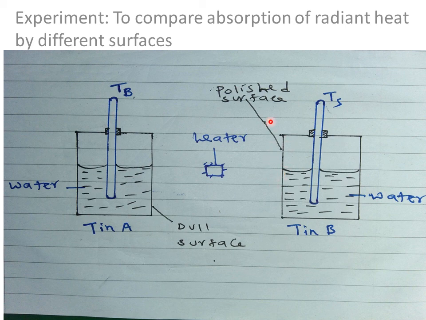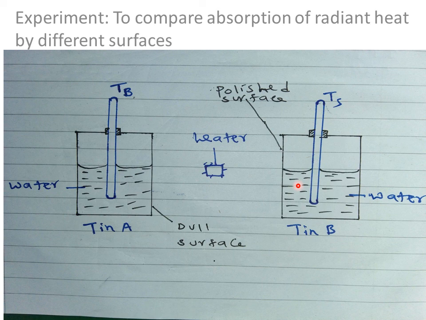Conversely, the polished surface is a poor absorber of heat, and it is also a good reflector of heat. So when the heat from the heater gets to tin B, it is reflected away by the polished surface, which is also a poor absorber of the same heat. Being a poor absorber of heat, it will only absorb a very small amount of heat, or may even fail to absorb any heat.